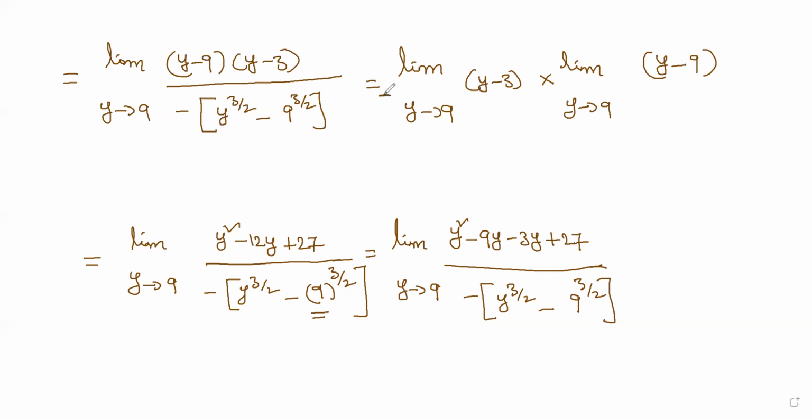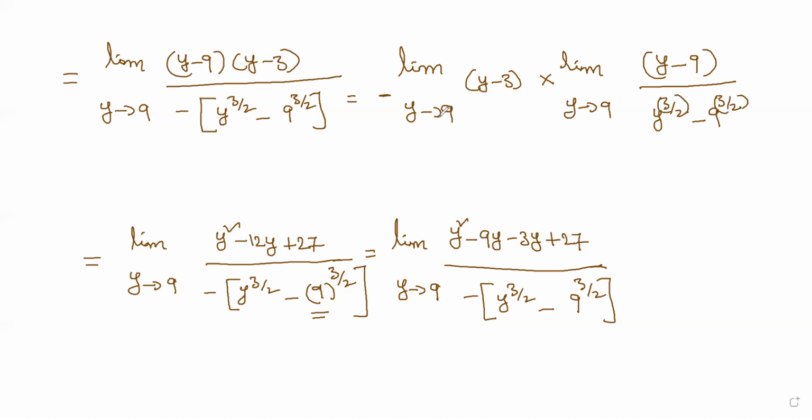I'm taking the minus sign out of the limit. So minus of y minus 3, times y minus 9 divided by y power 3 by 2 minus 9 power 3 by 2. I am bringing it into the format.